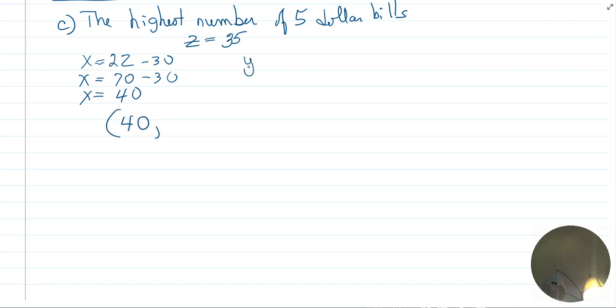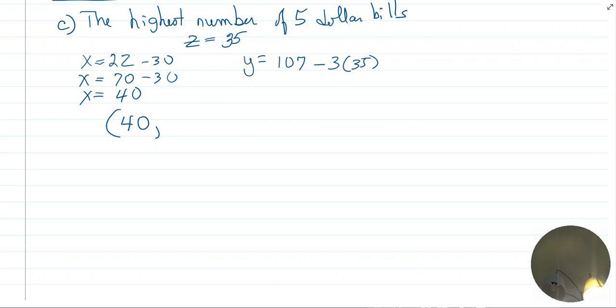My y would equal, what was my y? 107 minus 3 times the 35, wouldn't I?